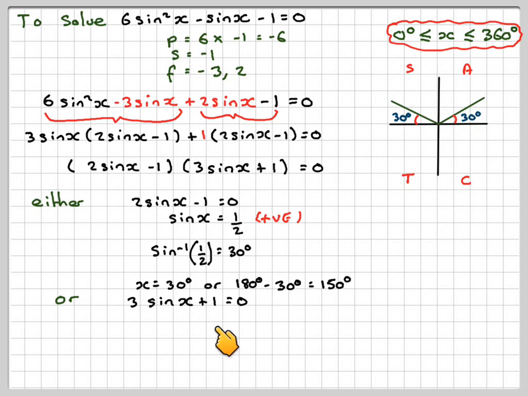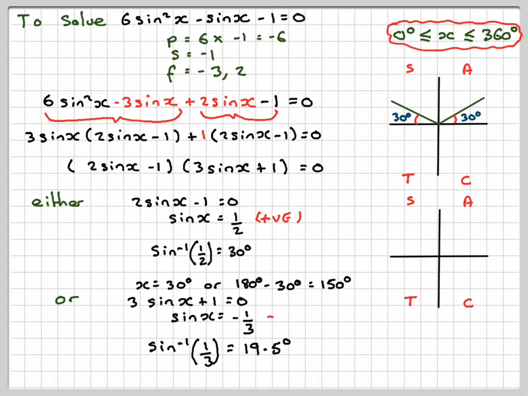Or 3 sine x plus 1 is equal to 0, the other factor, which means that sine x is minus 1/3. To begin with, I'm going to forget that it's minus and just do sine to the minus 1 of 1/3, which is 19.5. Draw another one of these. This time I want to know where the angle's negative. So sine's negative in the third and the fourth quadrant.